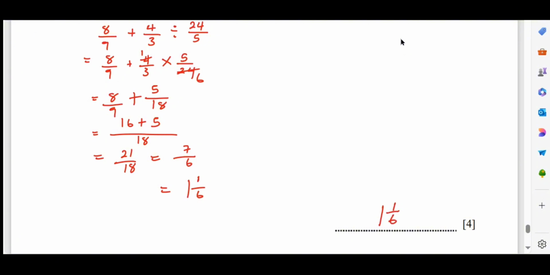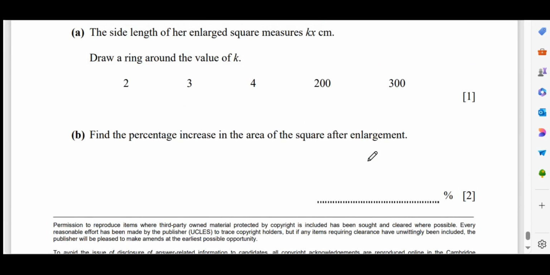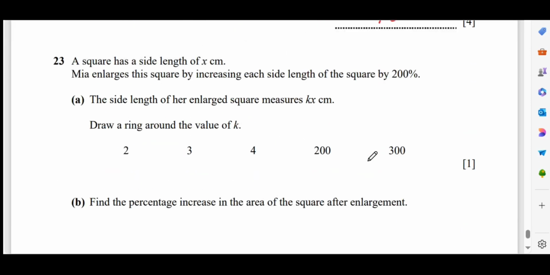Okay, so let's move to the last question, which is question number 23. You are given that a square has a side length of x, and it is enlarged by increasing each side length of the square by 200%.